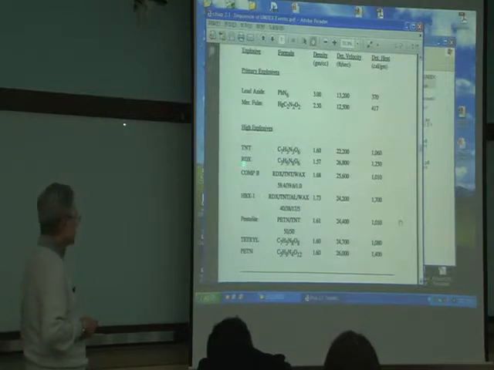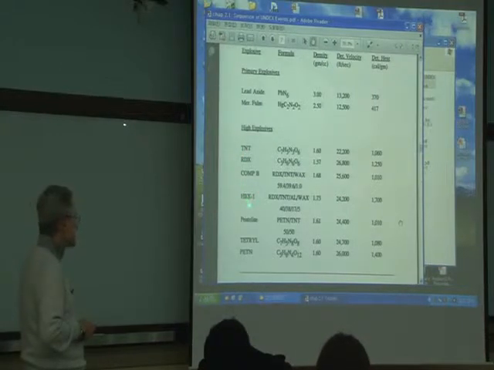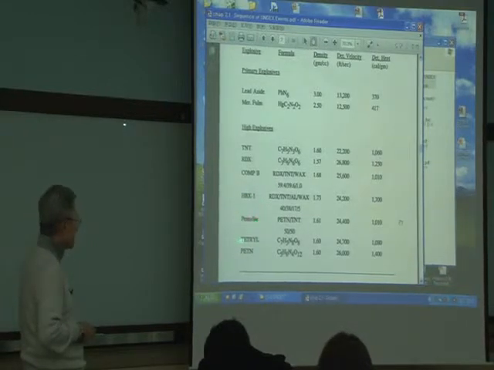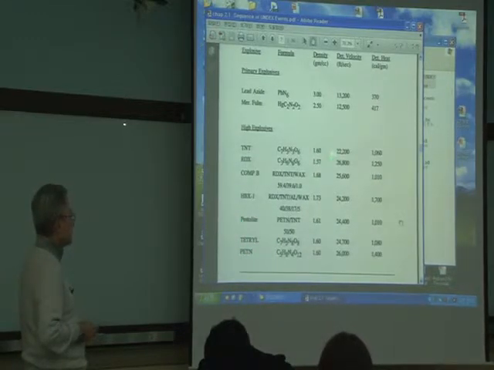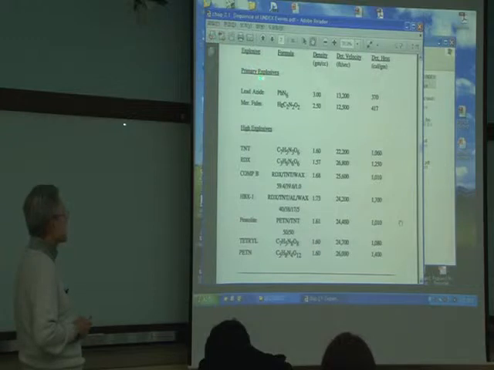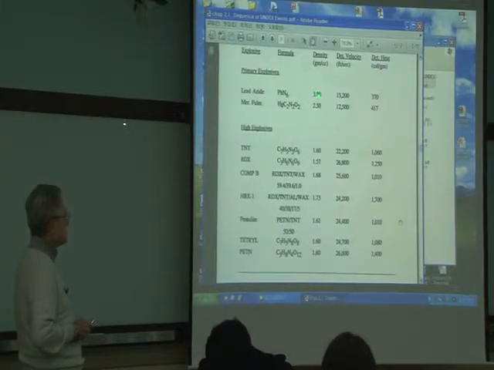So I can say here, TNT is commonly used. HBX1, the U.S. Navy is using all the time. Pentolite, tetryl, PETN are used quite well. But as you see here, the density, if you compare with the primary explosive, or you call pure explosive, is the same, about 3 gram mass per cc.